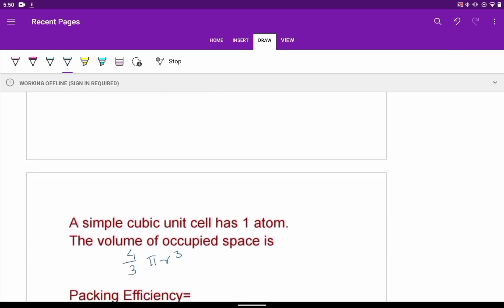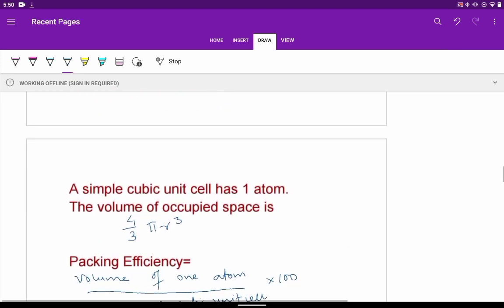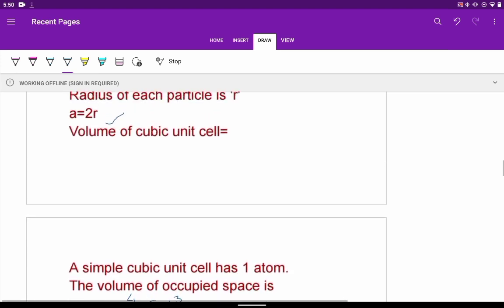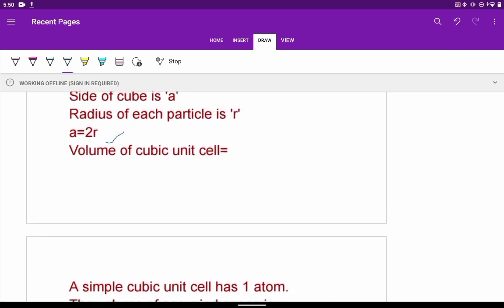Now the volume of the occupied space is 4 by 3 pi r cube. And volume of cubic unit cell is equal to a cube.